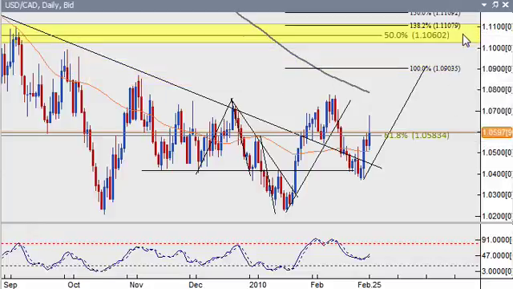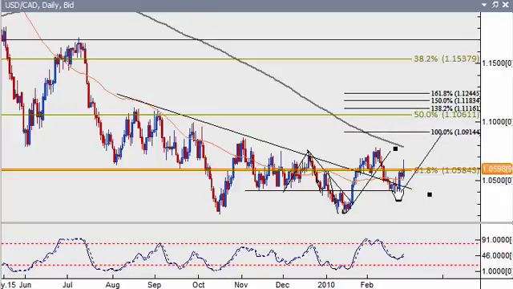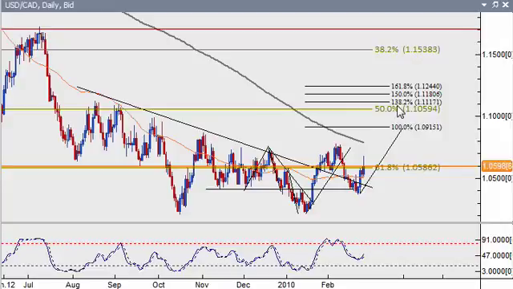But if this is a start of a bullish wave, you see it broke this declining trend line and it's now using it as support. So if this is a break, then this might be wave 3, and wave 3 we could project up to here, 161.8, which is the 1.12 area.